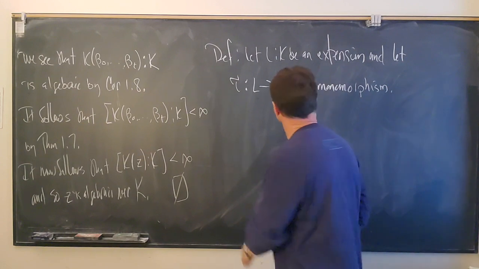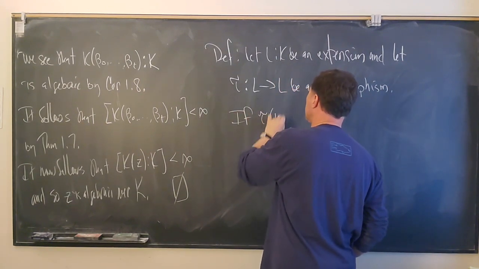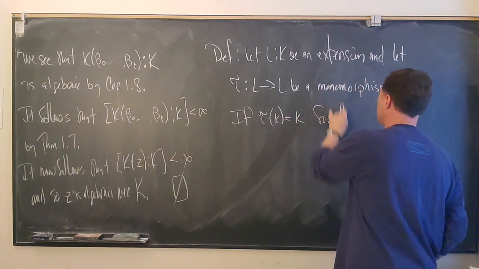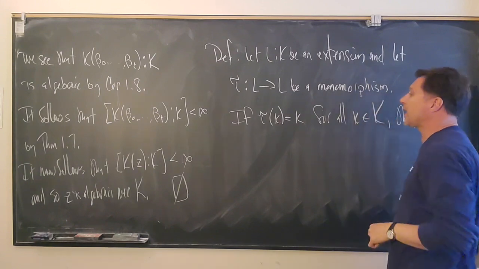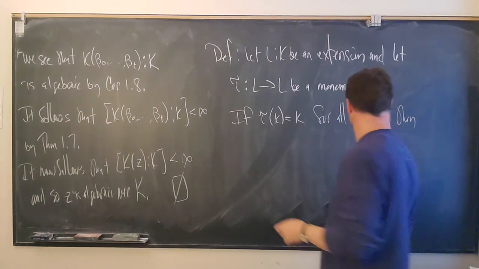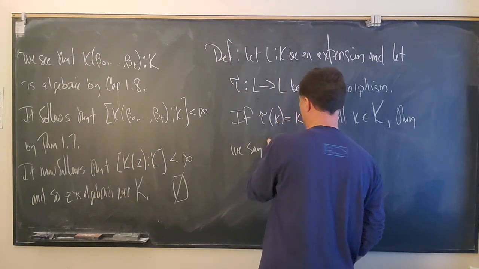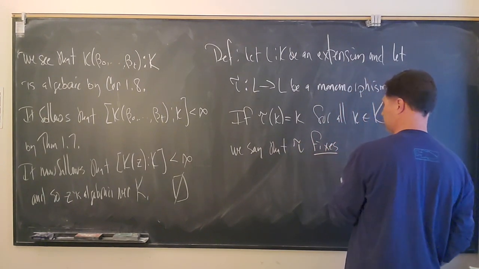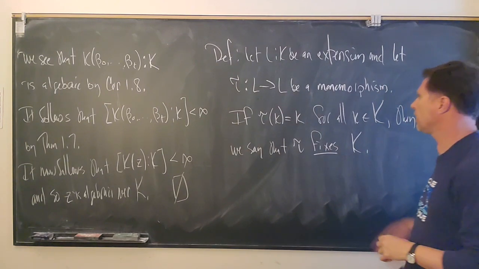Now, if tau of little k is equal to little k for all little k in capital K, then we say that tau fixes capital K. That's the end of the definition.